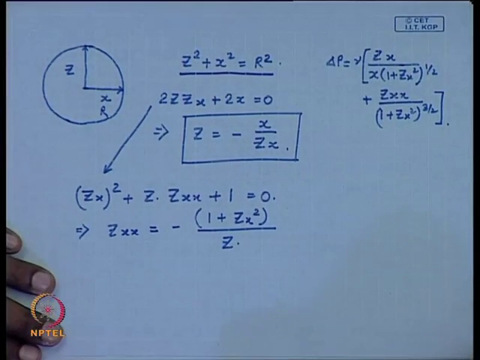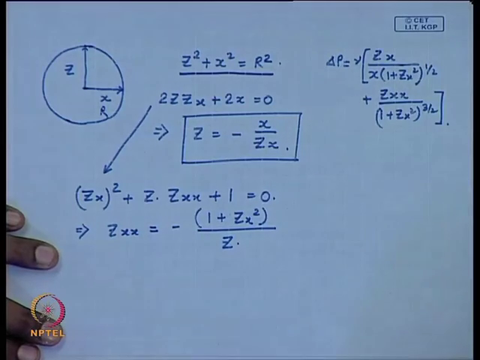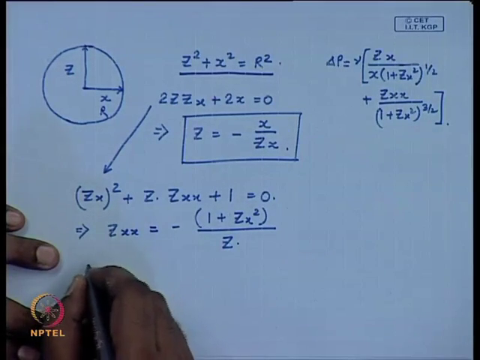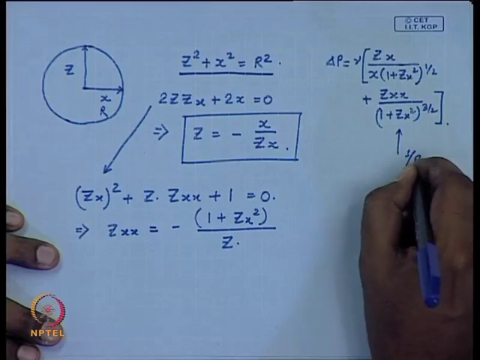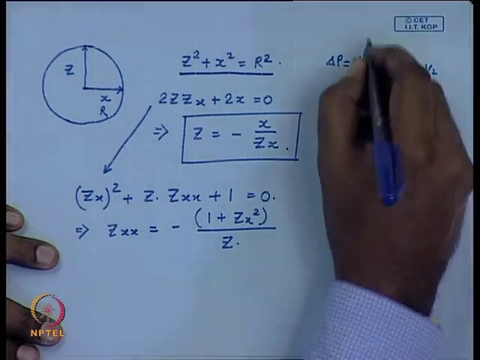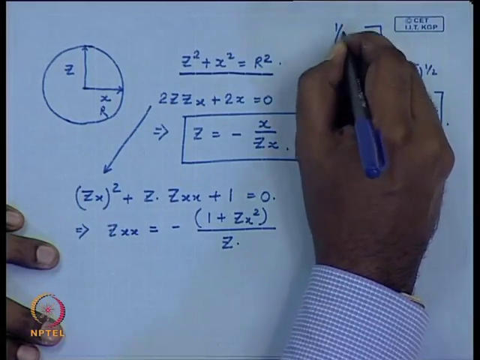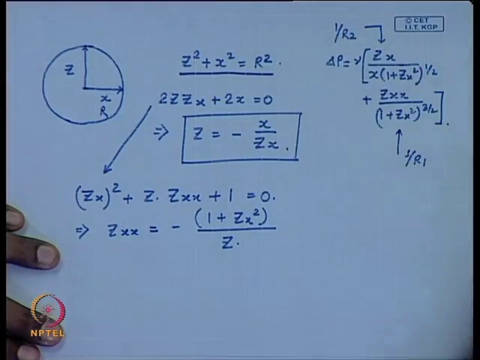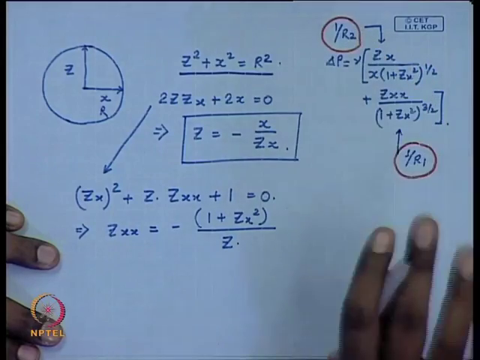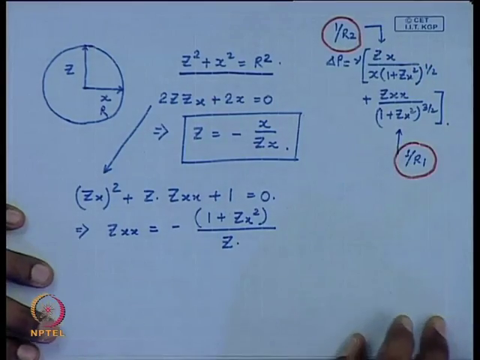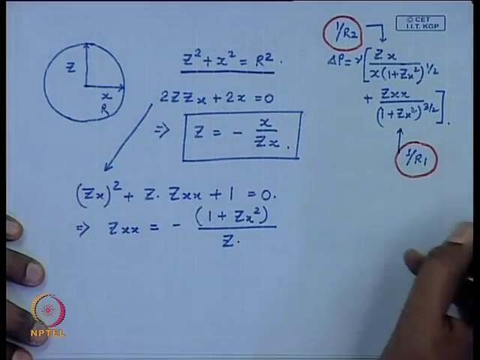So, now we have the expressions of Zx and Zxx both. So, let us look at 1 by r1. The way we have compared so far is that this is the term we have marked as 1 by r1, and this is the term we have marked as 1 by r2. As I have already told, these are more based on conventions rather than anything else, but these two curvatures have a physical meaning. So, we will come to it.